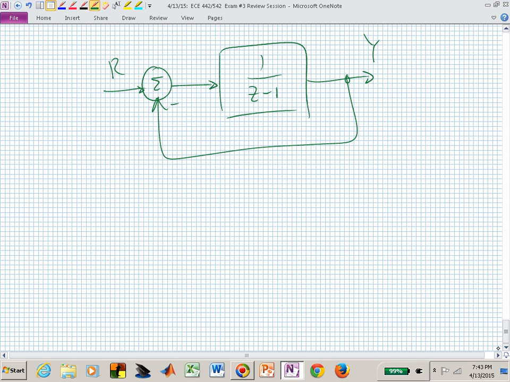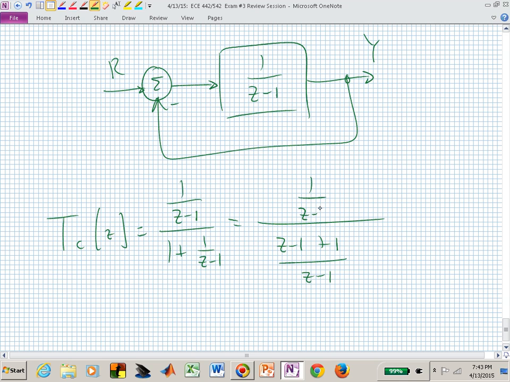And from our chart, we know that T sub c of z is G over 1 plus G. So that's what we needed.